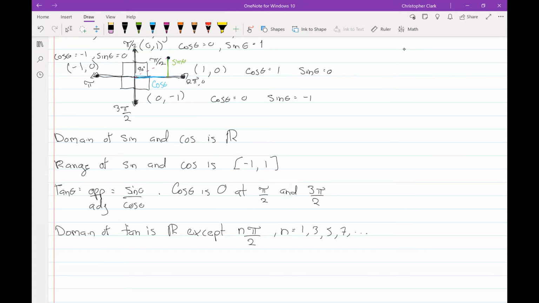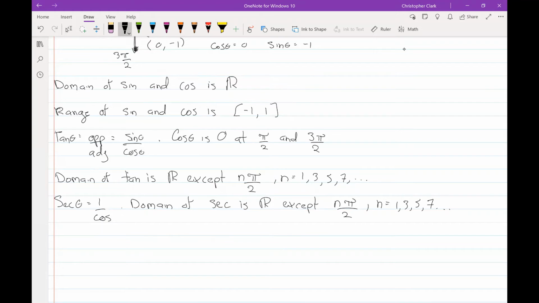So the easy one, since we already talked about cosine being 0: if we know that secant is equal to 1 over cosine, this means that the domain of secant is all real numbers except n pi over 2, where n is equal to 1, 3, 5, 7, so on and so forth. Again, we just got that from cosine.